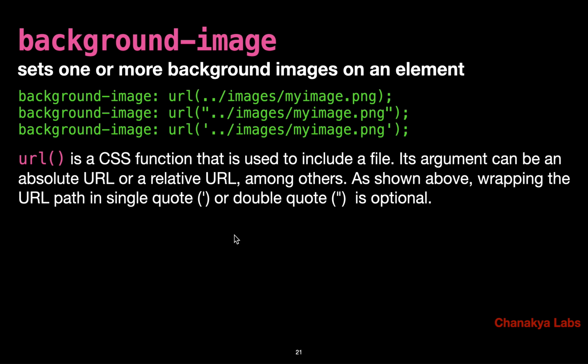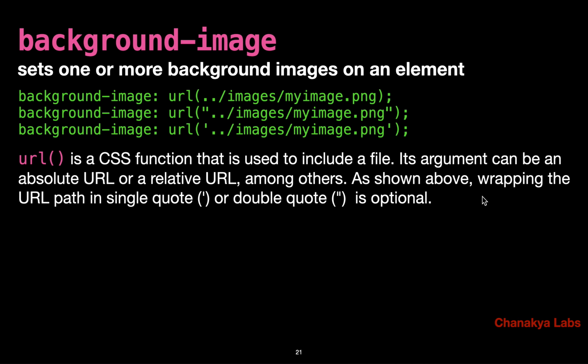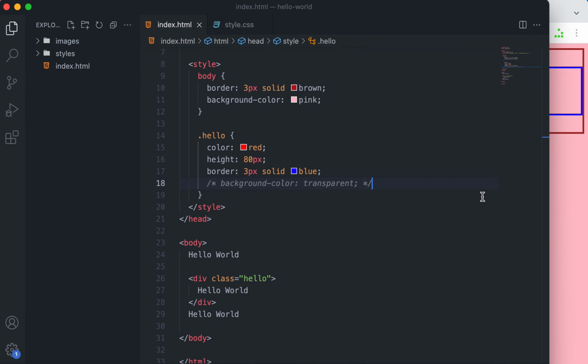Now what is the syntax for that? The syntax is that there is a CSS function called URL. In that URL, you can specify the path of the image, and then that will work. So let's clean up a bit. Border, we saw border color, so that is fine.